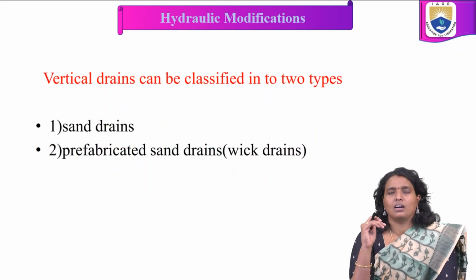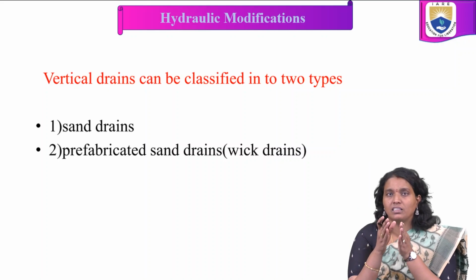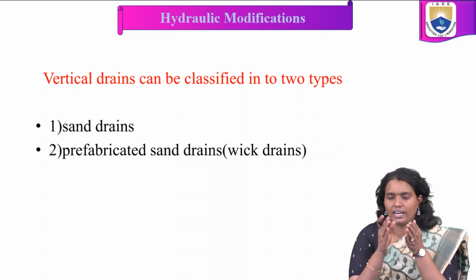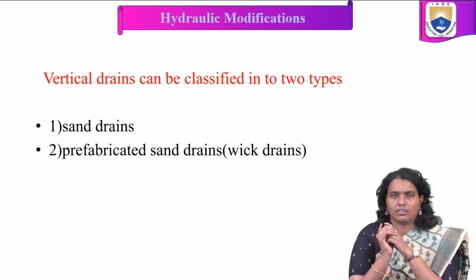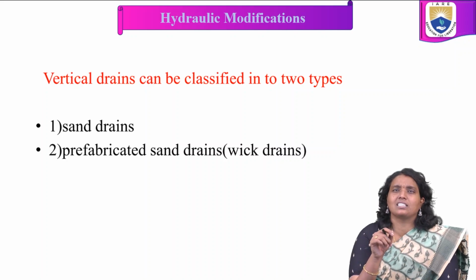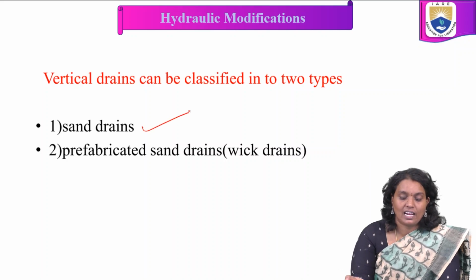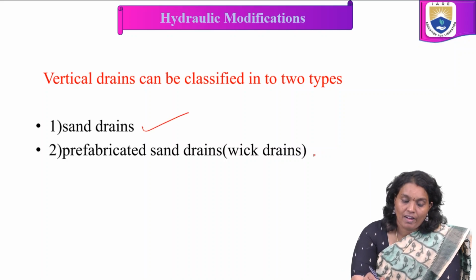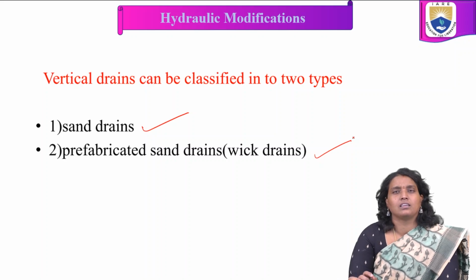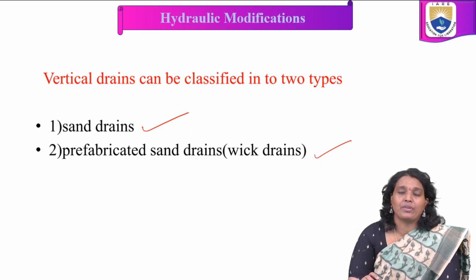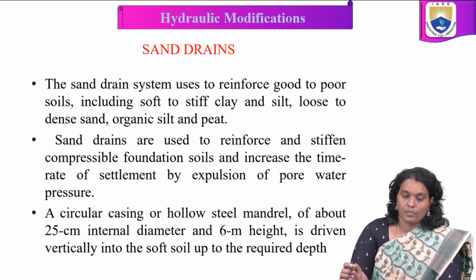Here we try to drain out the water almost completely, and that is dewatering. Coming to this, the vertical drains can be classified into two types: sand drains and prefabricated drains, or wick drains.